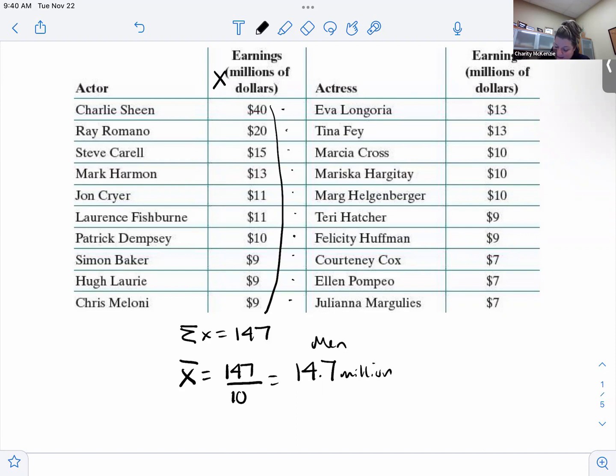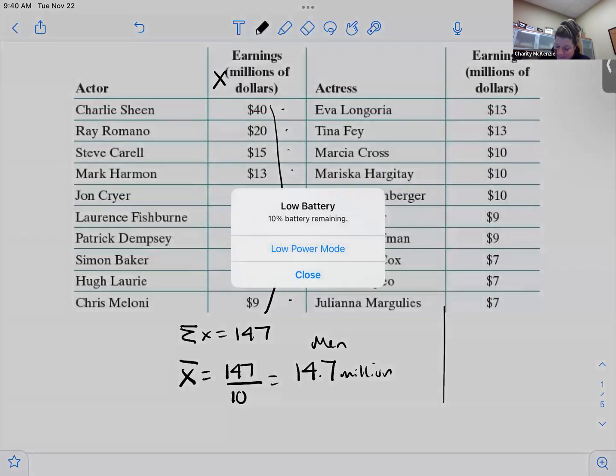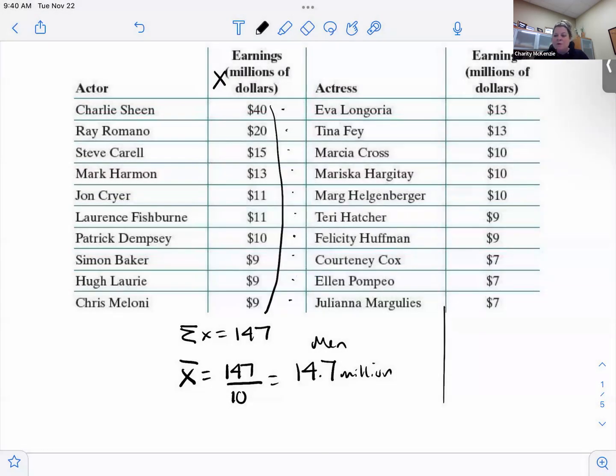Okay, now let's do the same idea for these women over here. We need to add up the women. So 13 plus 13 plus 10 plus 10 plus 10 plus 9 plus 9 plus 7, 7, 7.